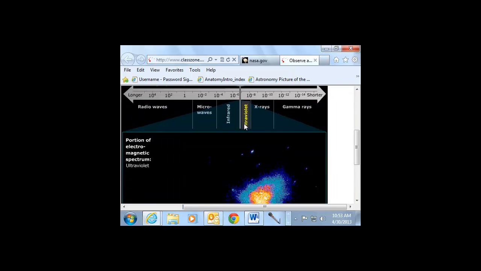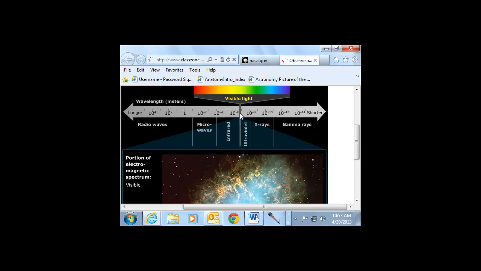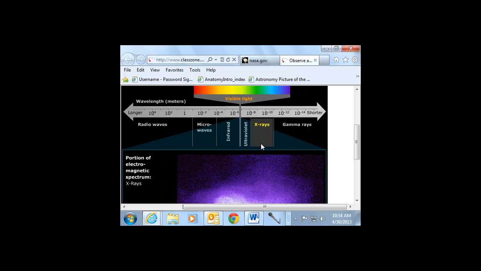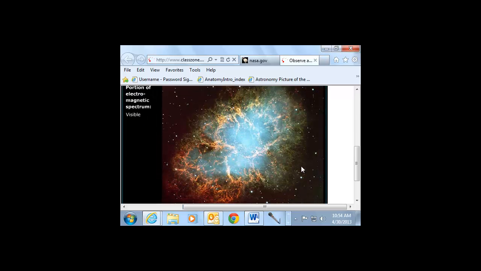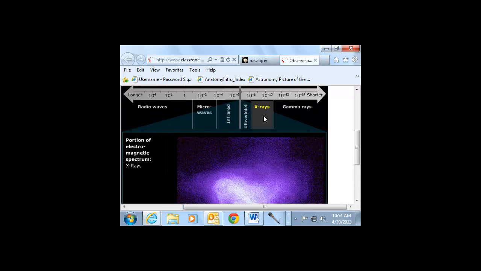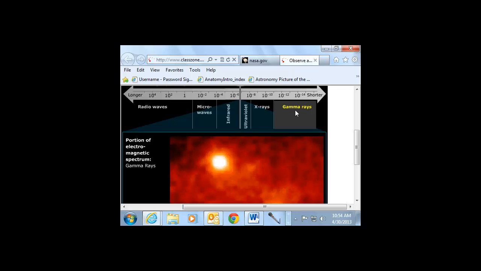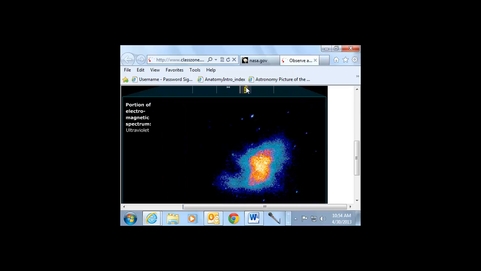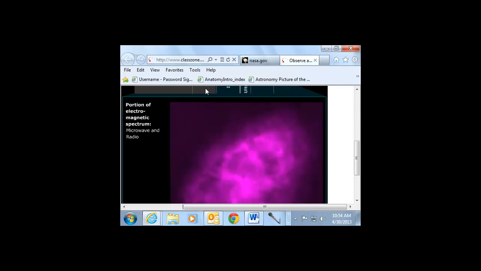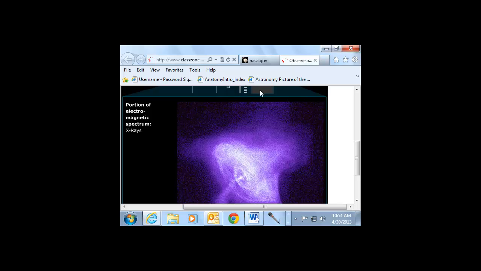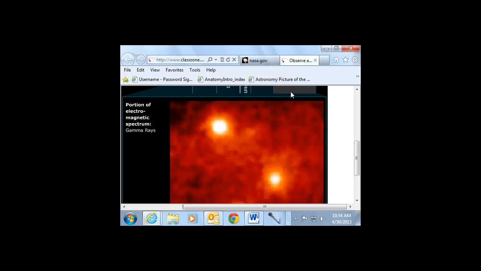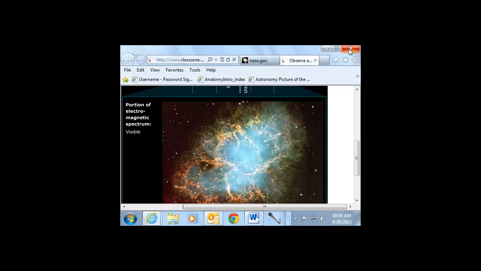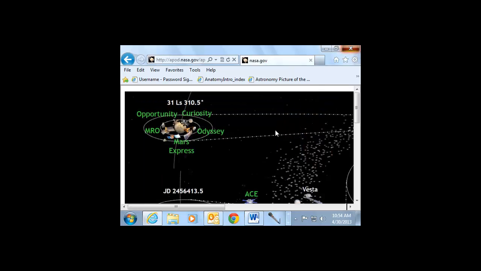We're really interested in it when we are trying to look at the stars, because we can put different filters on, and you can see how this very same picture looks completely different depending on which wave we are looking at. So there's radio, infrared, ultraviolet, X-ray, and gamma. So that just gives you an idea of the interesting things that we can look at.